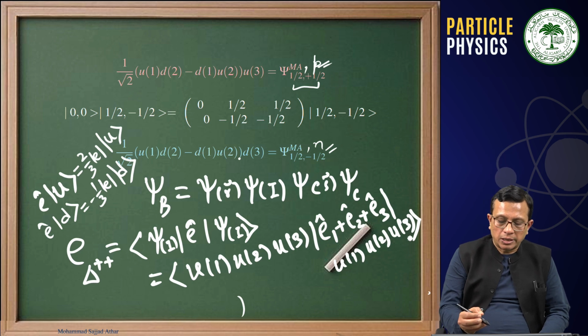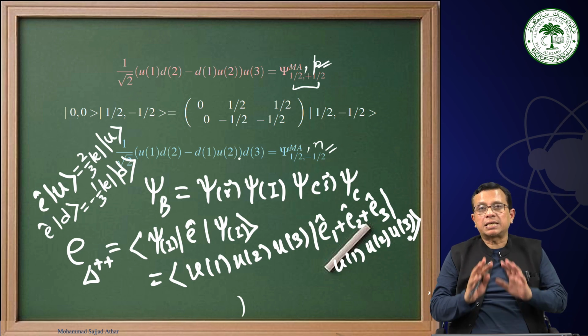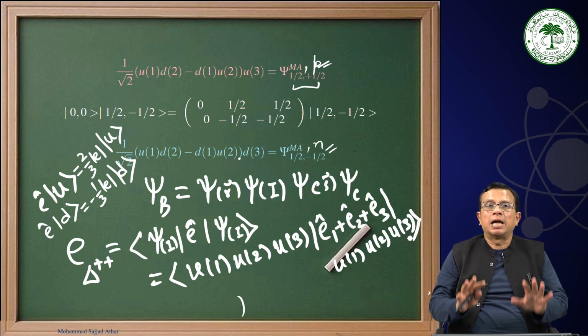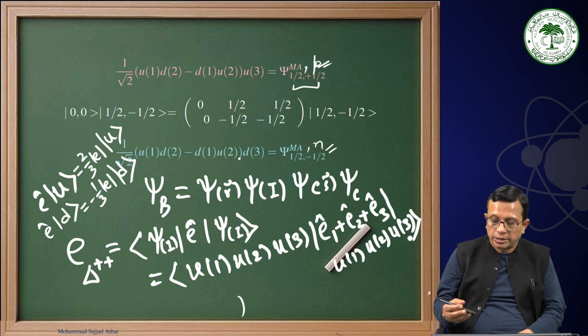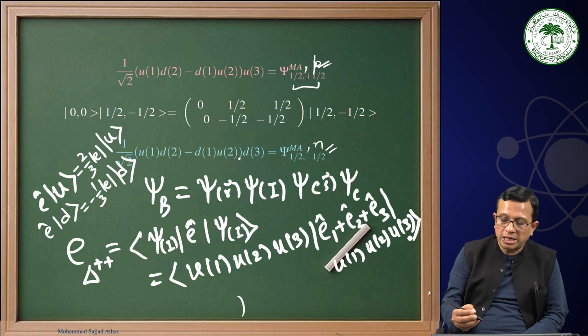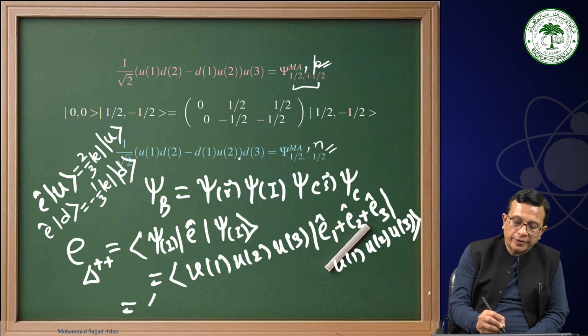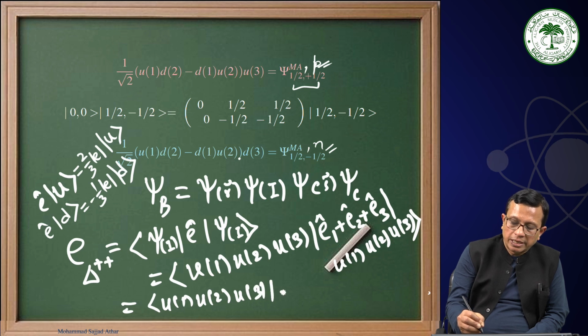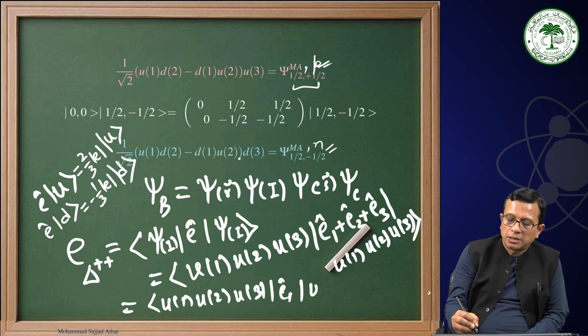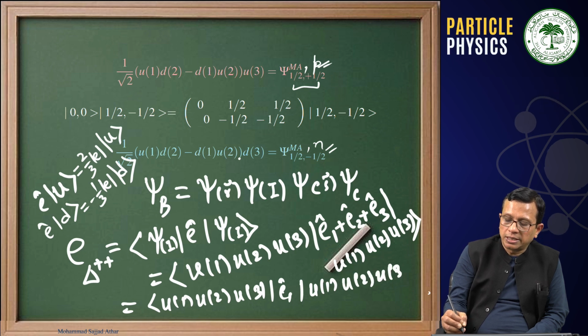Now you see, again, these are orthogonal states and these are normalized. Without proper normalization, we can never get an observable. Therefore, we can write it as u1, u2, u3, e1, u1, u2, u3.